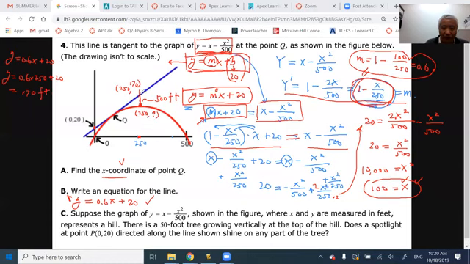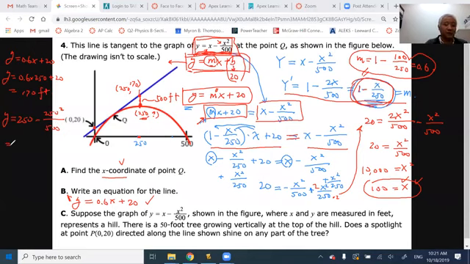Then we can determine how high the hill goes. This x coordinate is 250. This is the point on the red curve, so we follow this function to find the y. The x coordinate is 250, so I substitute 250 here and 250 here. I have 250 minus 250 squared over 500.